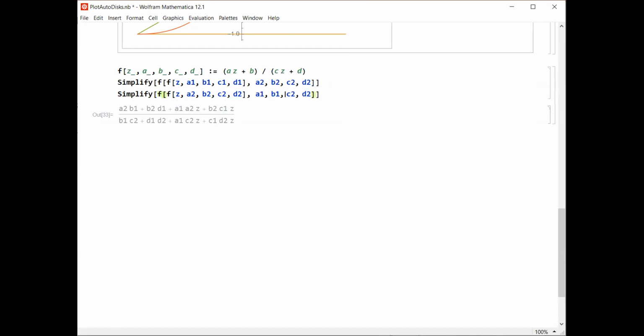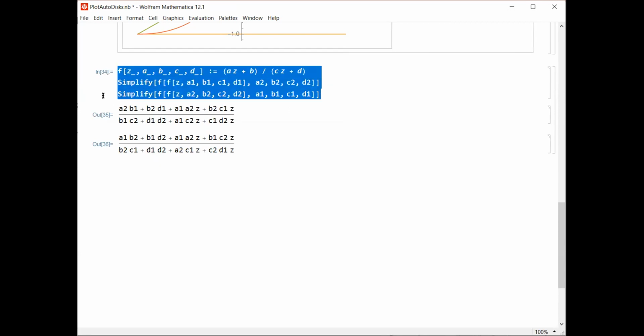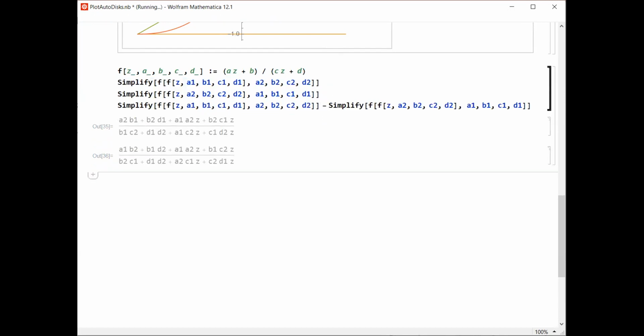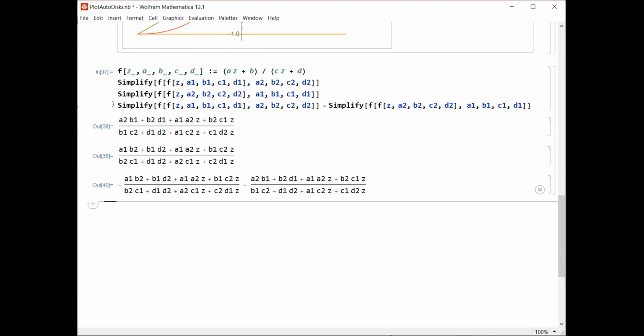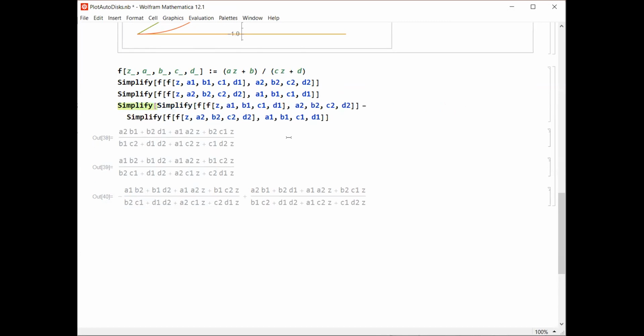Do those look the same? I'm pretty sure they're not the same. One way you can be pretty sure is I can just take this and subtract, and then I'll put a simplify around all this.